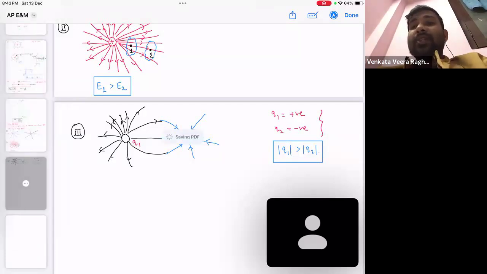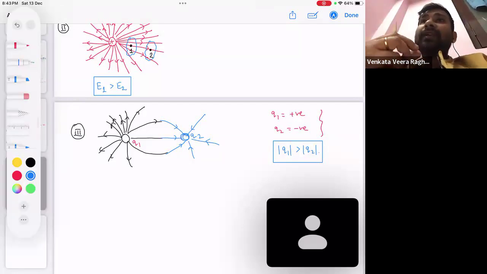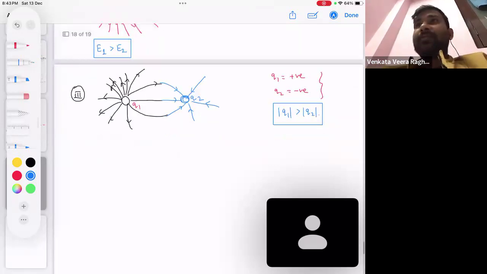So that means Q1 must be of more magnitude compared to Q2. Understand? So the number of field lines coming from a charged particle also represents the strength, the magnitude, of the charged particle.